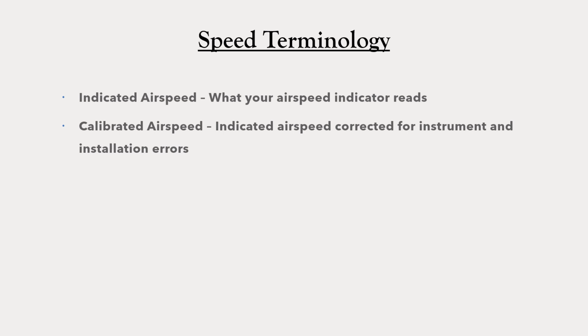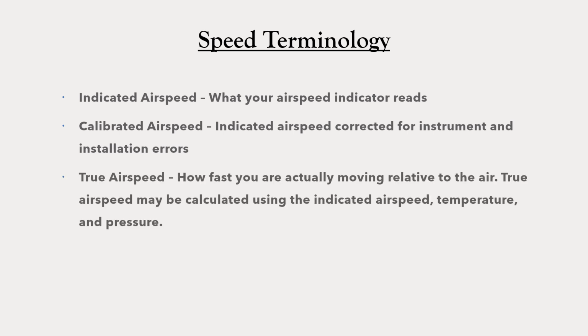But generally those errors are small enough that we don't need to do a lot of correcting for airspeed indicator errors. True airspeed is an actual measurement of how fast you're moving relative to the air that you're flying through.